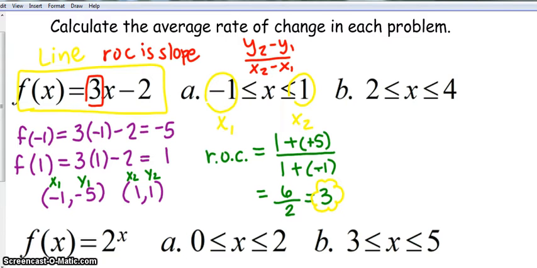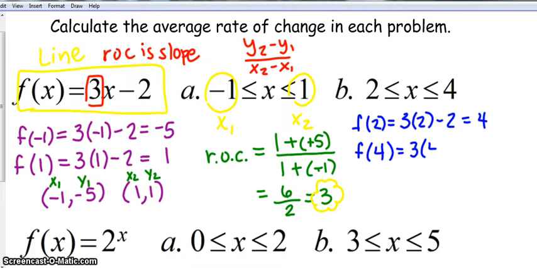Okay, so when you plugged it in, and you found, if you went ahead and did that, f of 2 is 3 times 2 minus 2, so I have 4, and f of 4 is 3 times 4 minus 2 is 10. So then my rate of change, if I have my points, I forgot to write those, 2, 4, and 4, 10.